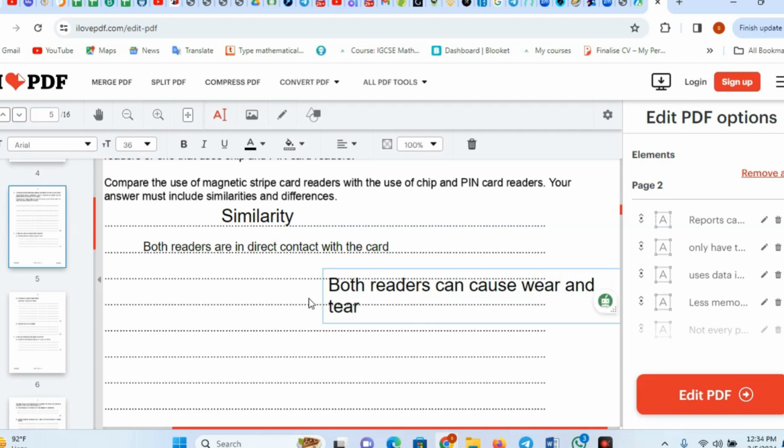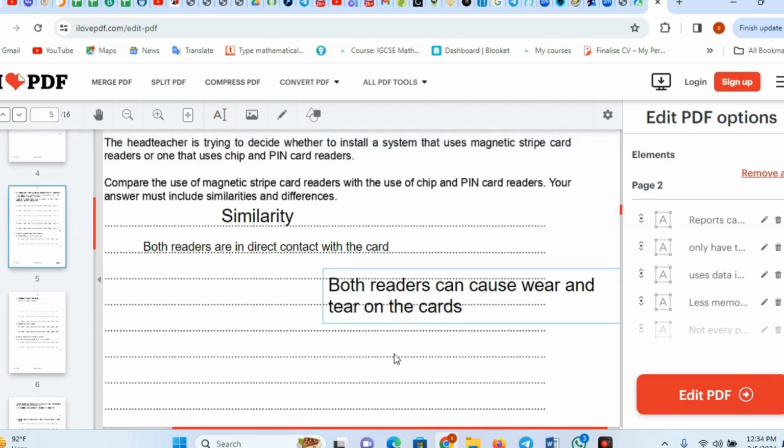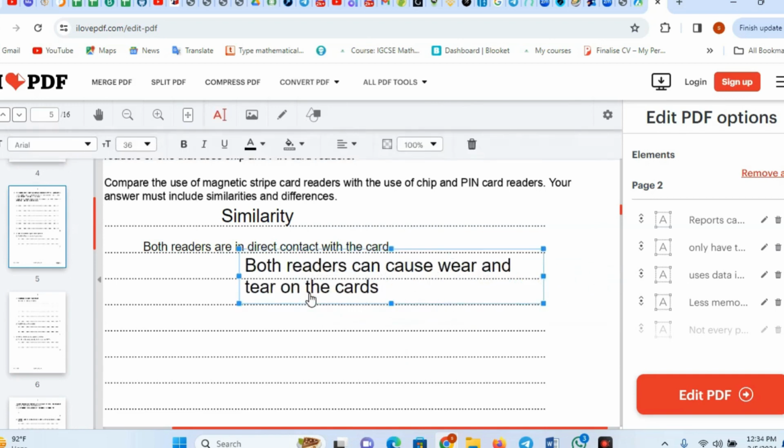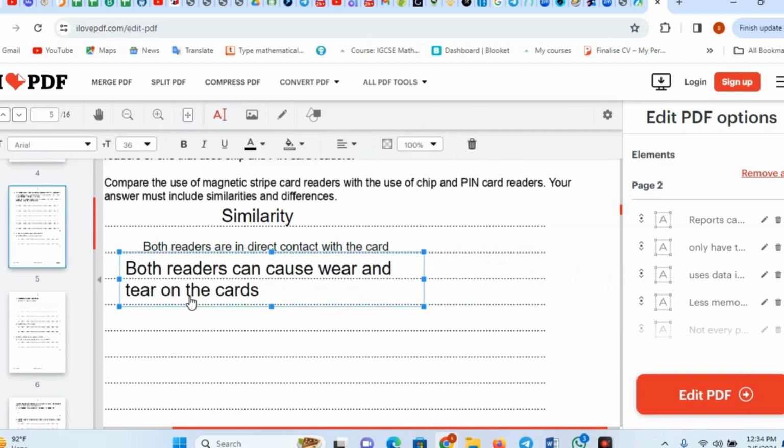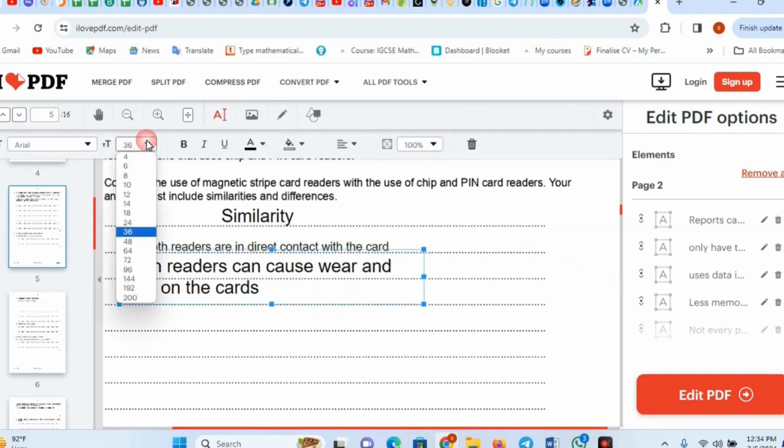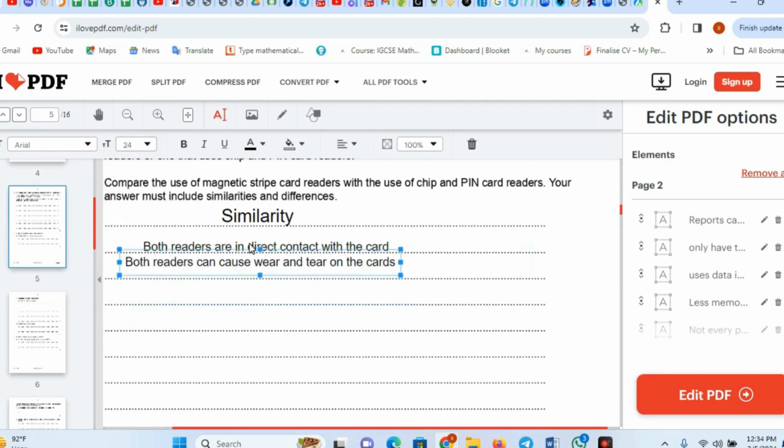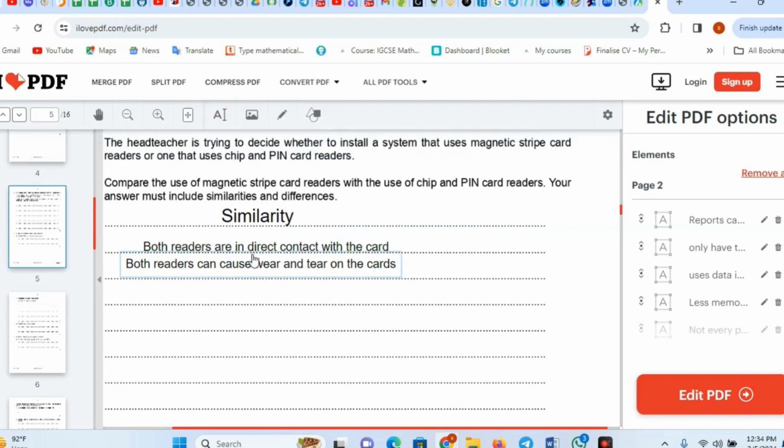They can cause wear and tear on the cards. That is another similarity that goes with the two, causing wear and tear to the cards.